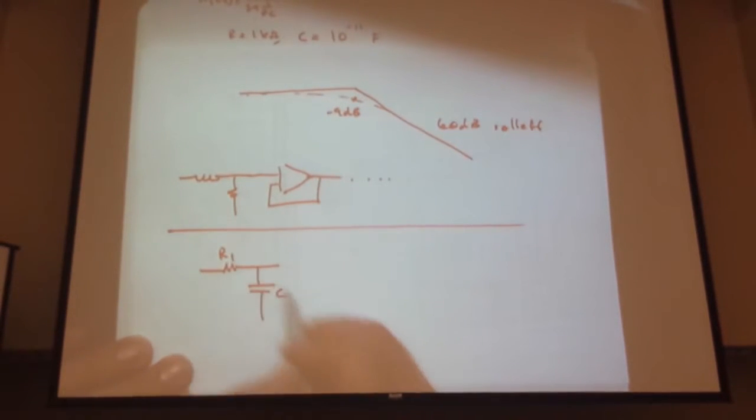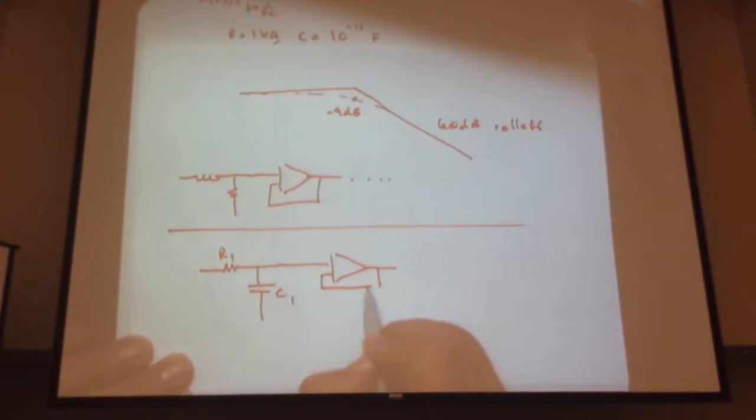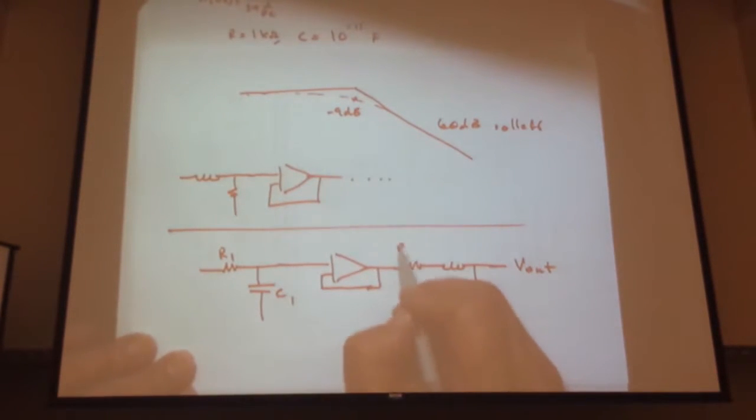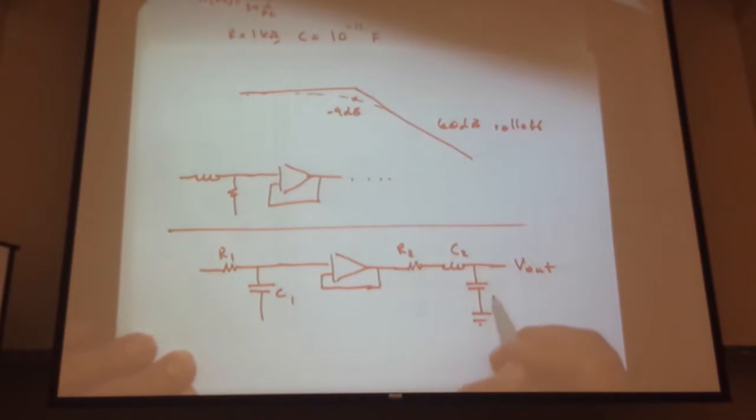RC, maybe we'll call that R1C1 now. And we still want to measure across the capacitor. There's the second order circuit. R2, C2, just call it L2 for consistency.